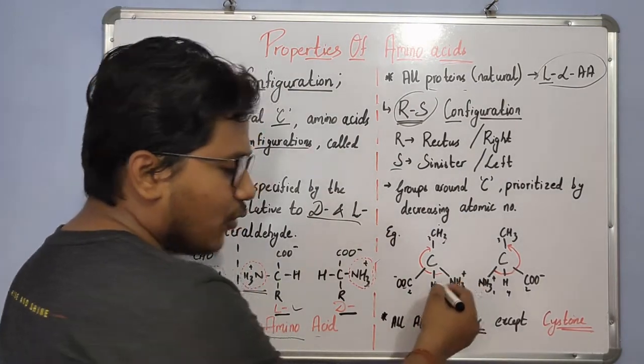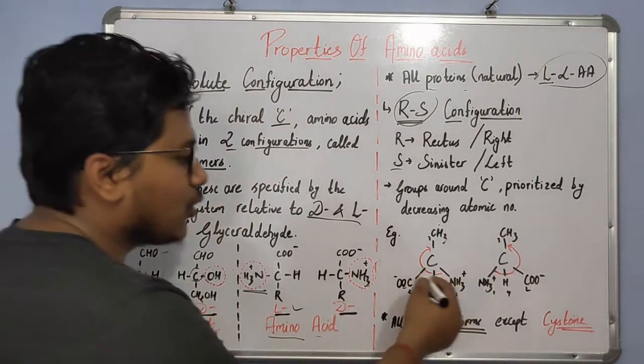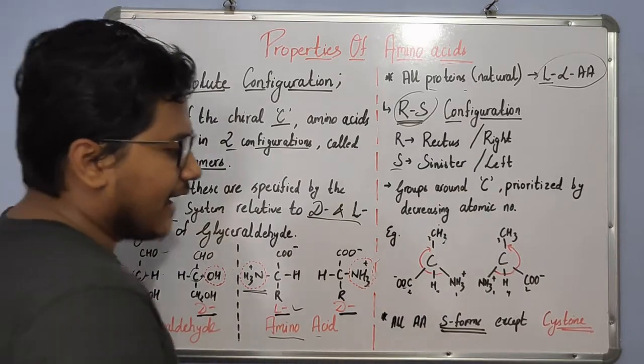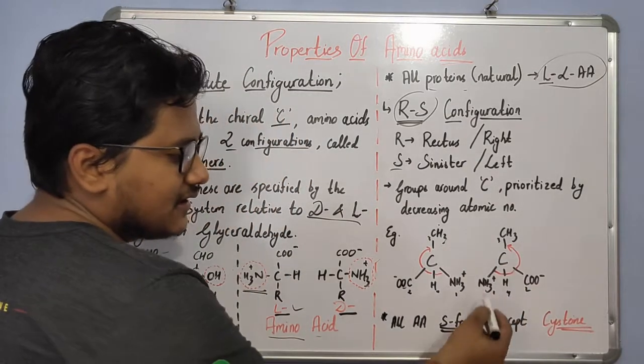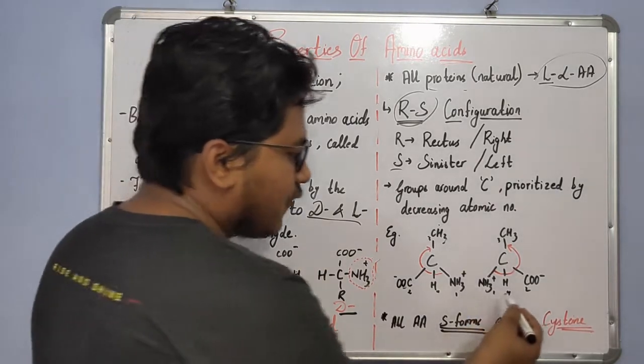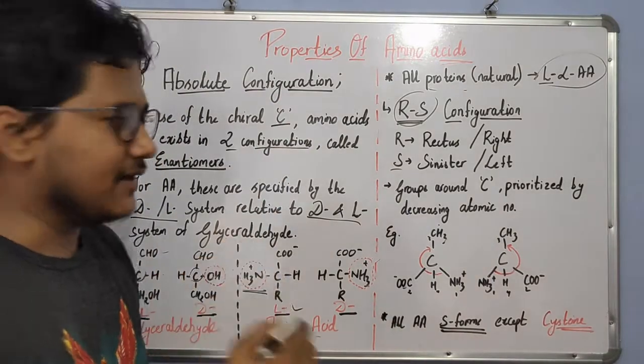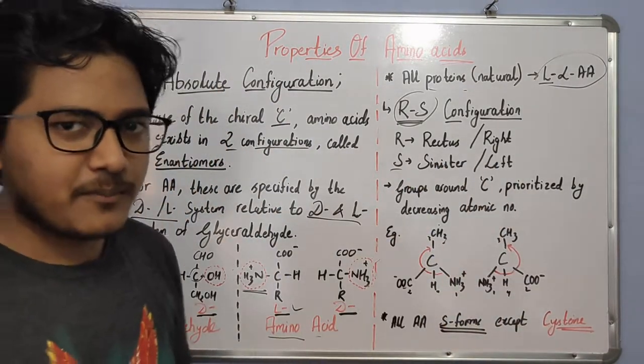On this basis, if we go on prioritizing, this gives a clockwise rotation. In the second case, the amino group has, no doubt, the first priority because nitrogen is there, followed again by the carboxyl group and methyl group, and it follows a different pattern, that is an anti-clockwise pattern.